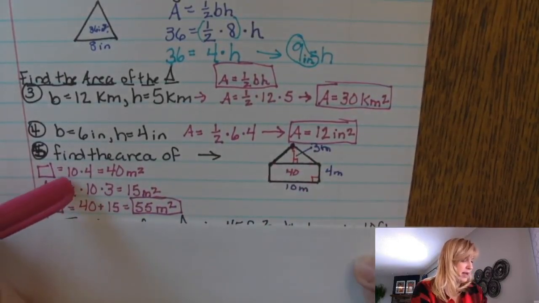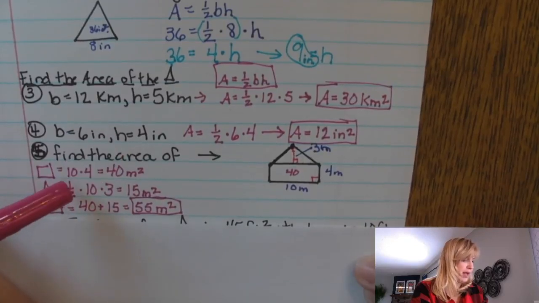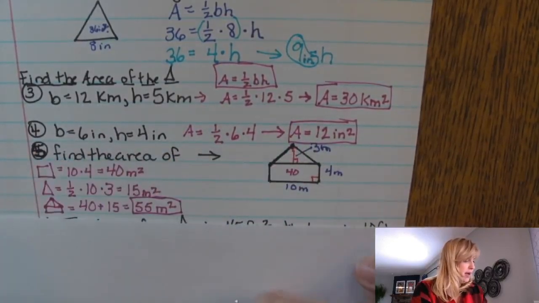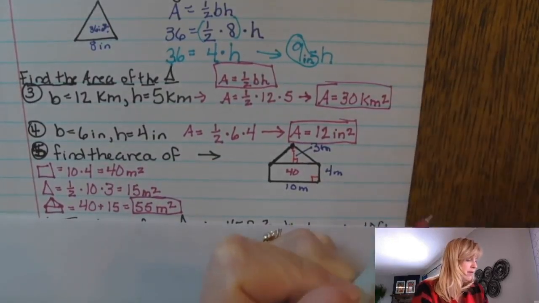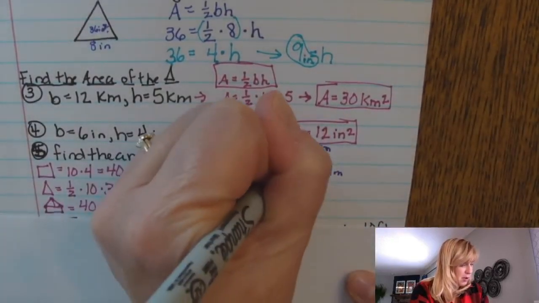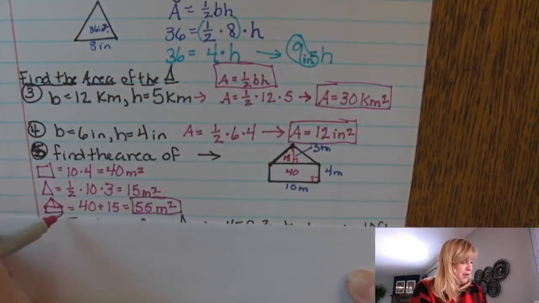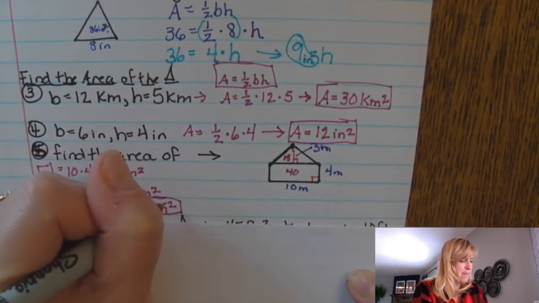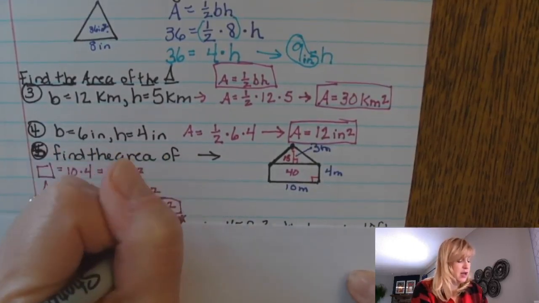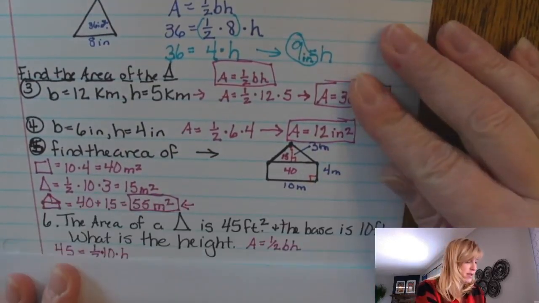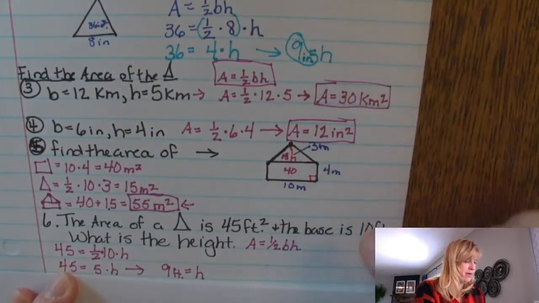And then the second one, a little bit more complicated, 1/2 times 10 times 3, and that is 15 meters squared, and you could put a little 15 in here. And then down below I drew a little picture, and I did 40 plus 15 is 55 meters squared. Don't forget the label.